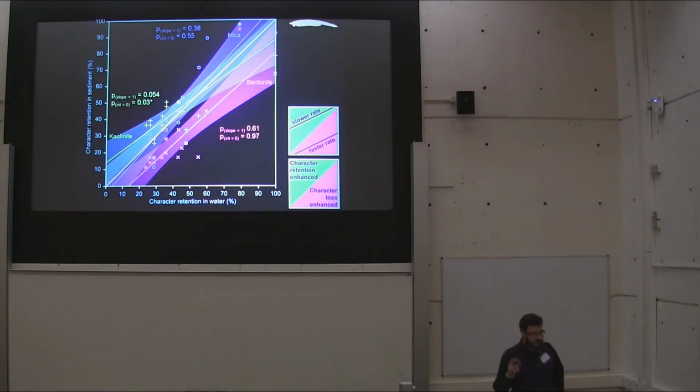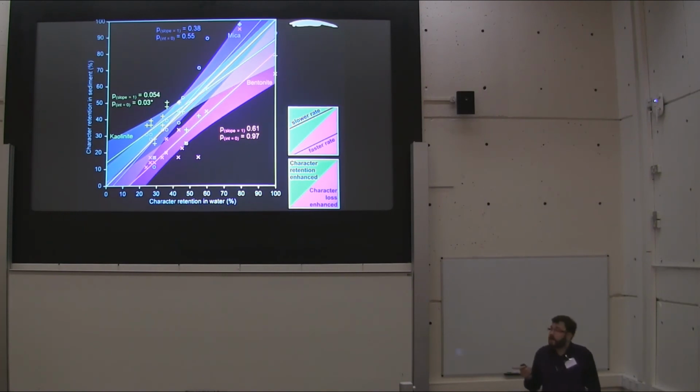So again, these numbers are preliminary, but it's worth having a look at these character retention plots, because we do see the same or a similar pattern in kaolinite for the Amphioxus as we saw in the ragworms, in that we have a significant difference here in the intercept. So we are seeing character retention.